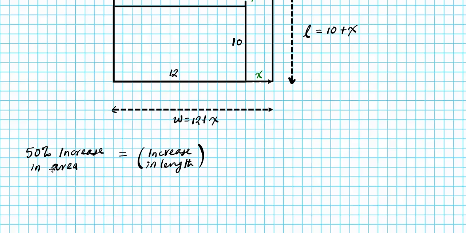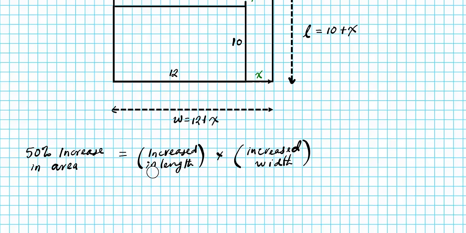So 50% increase in area is going to be increase in length times the increased width. Okay, so the word I was looking for is actually increased length times increased width.